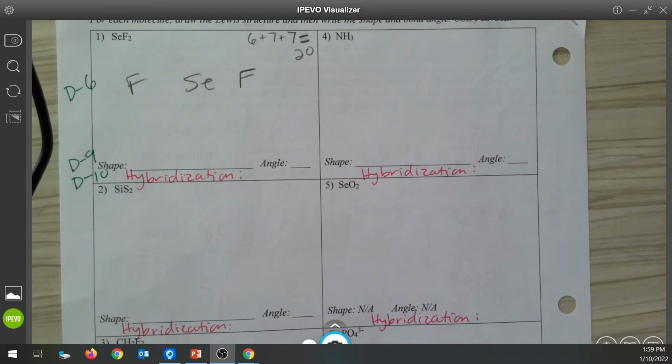What do we fill next? The outer or the inner? You have more. That's great. Perfect.